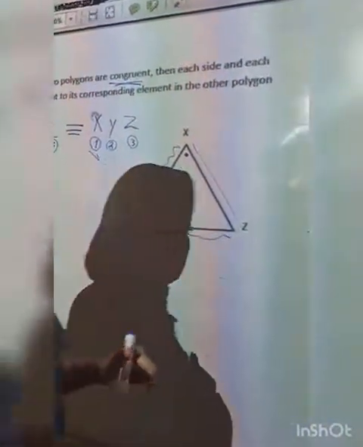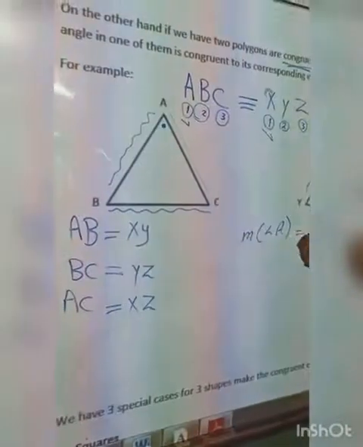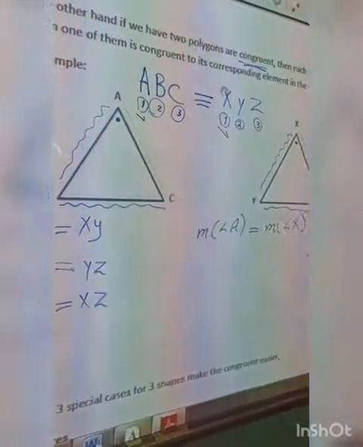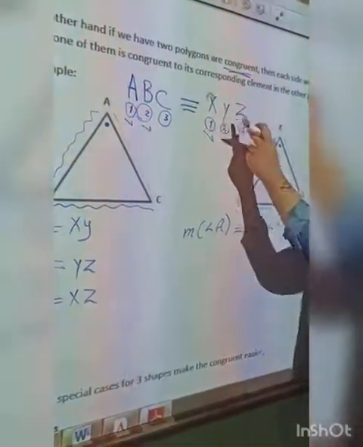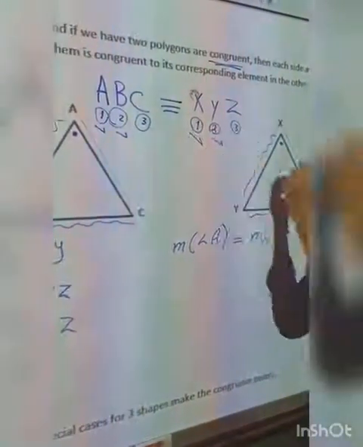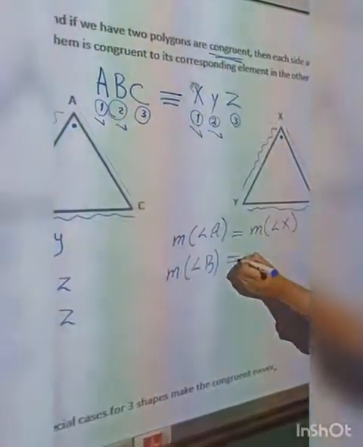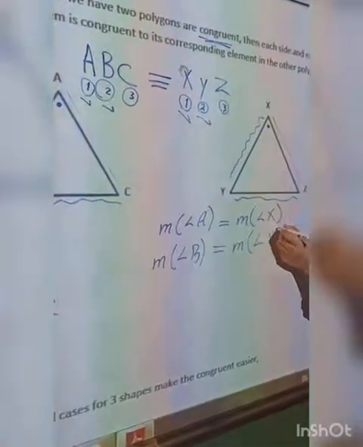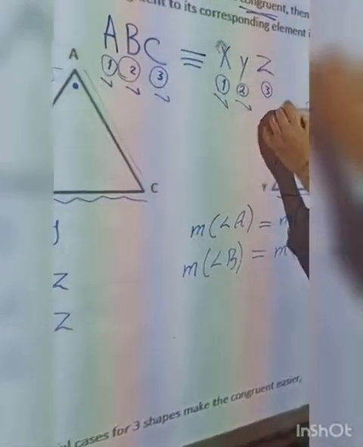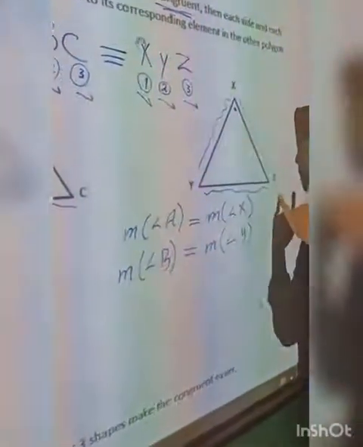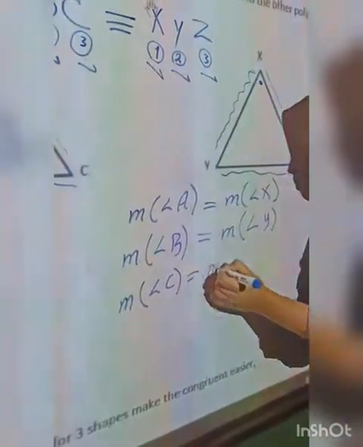So I can write that the measure of angle A equals the measure of angle X. If I take the angle number 2, which is B in the first polygon, so I will take the angle number 2 in the second polygon, which is Y. So I can get that the measure of angle B equals the measure of angle Y. Finally, the measure of angle number 3, which is C, is equal to the measure of angle 3 in the second polygon, which is Z.